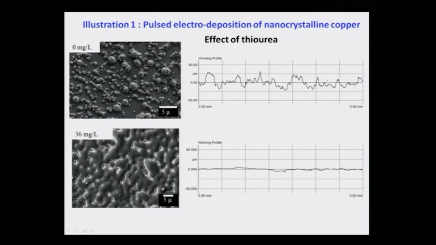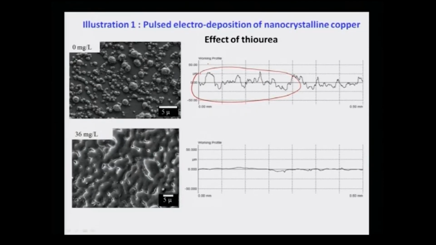You can clearly see that the roughness is very high. In some cases mean roughness can be on the order of several tens of microns. So, if you do not add thiourea, deposits are very discontinuous and also rough.